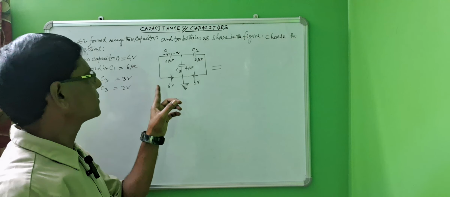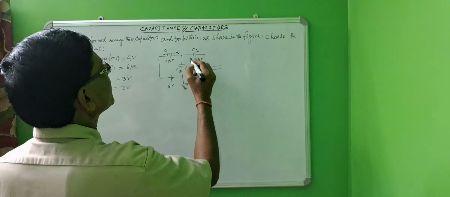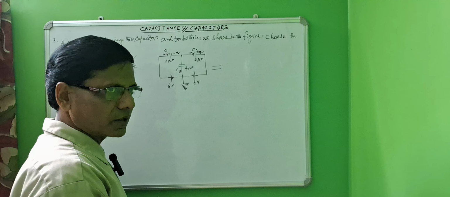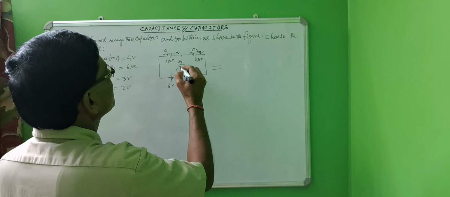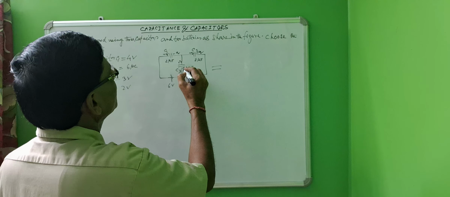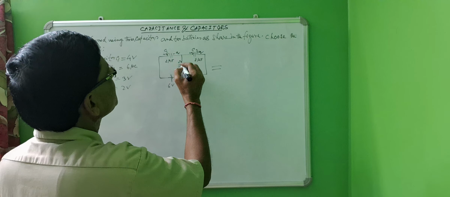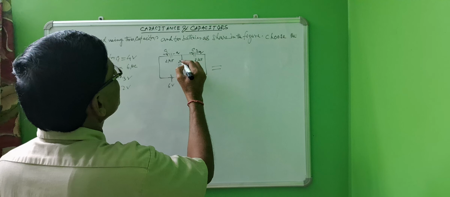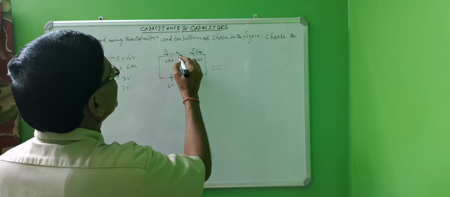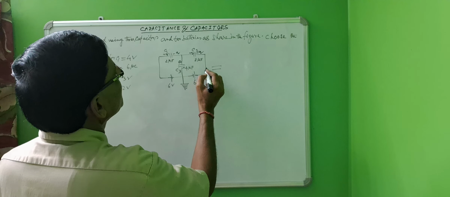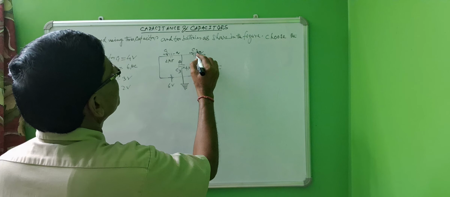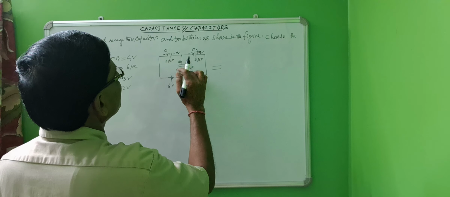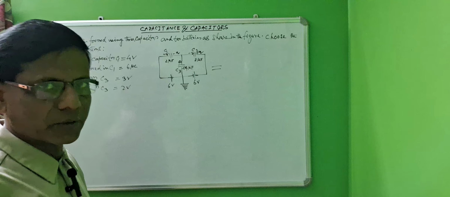The first plate, the positive plate, has plus Q and the negative plate has minus Q. Here also minus Q, plus Q. Here is plus Q, minus Q, and here minus twice Q, plus twice Q. This is minus twice Q. Again I am repeating.